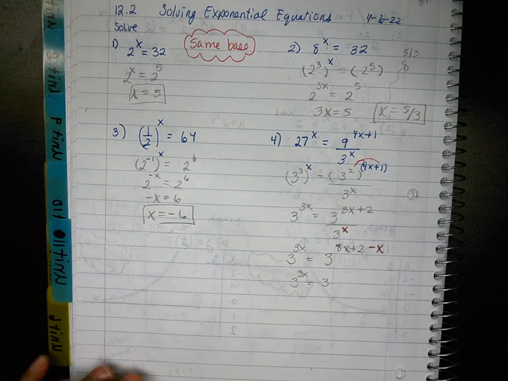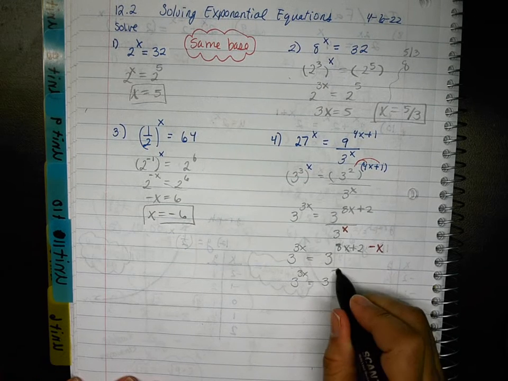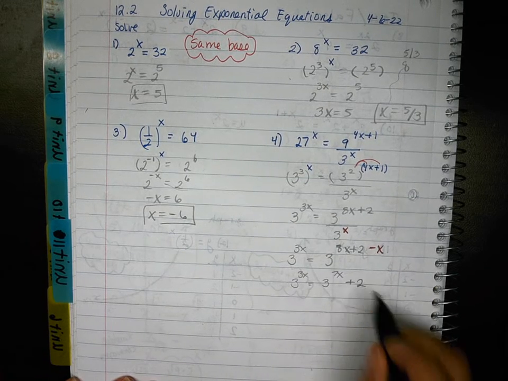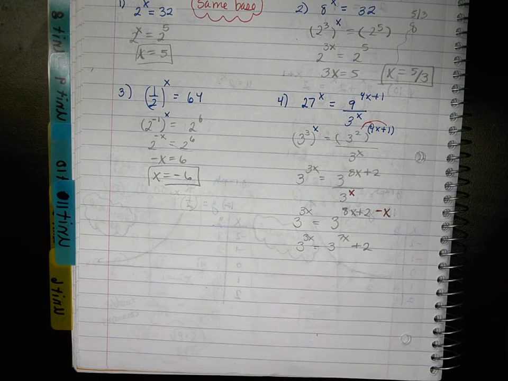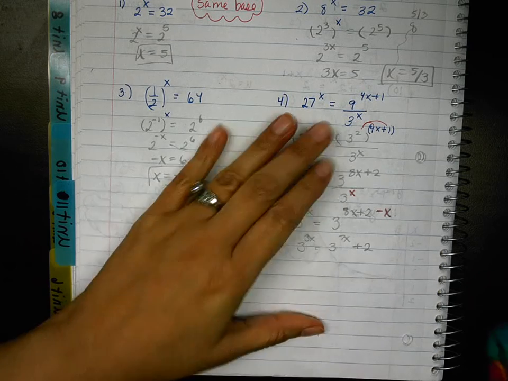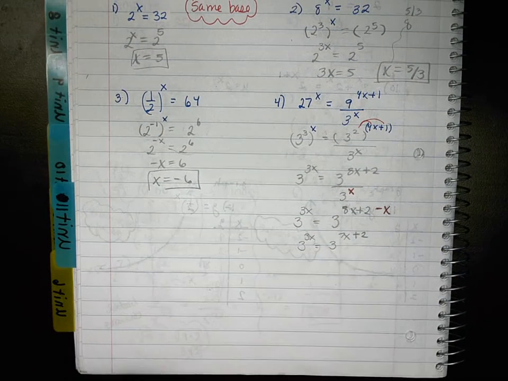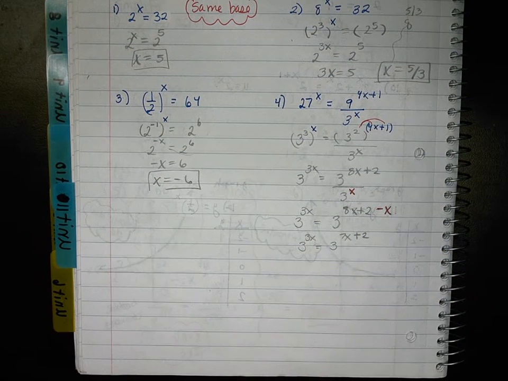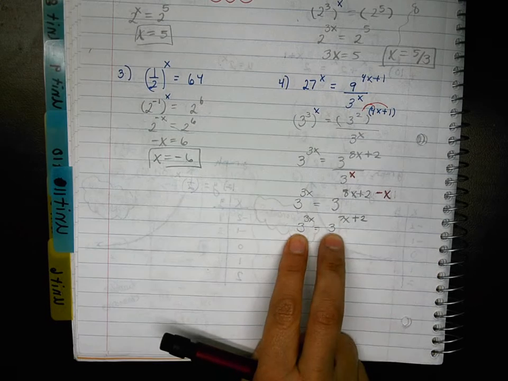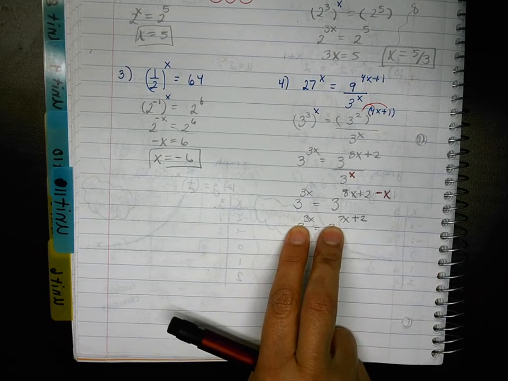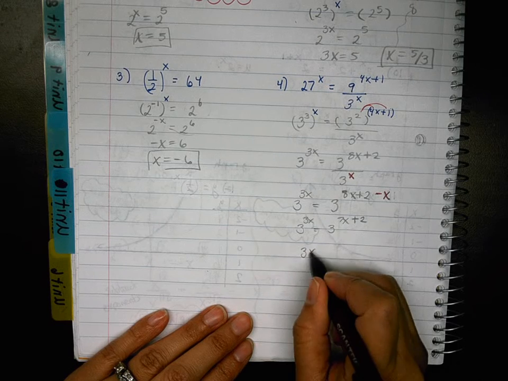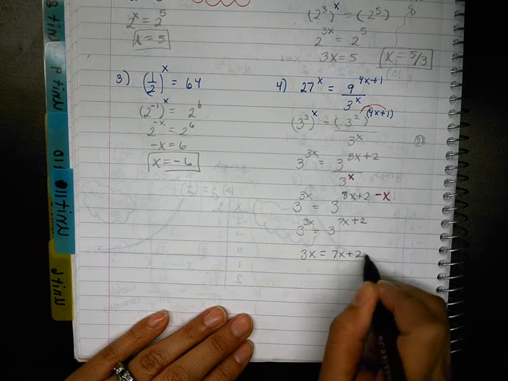Three raised to the what? 7x plus 2? All right. Now can I drop the bases because there's a single base on each side? Yes? Single 3, they are both the same. Now can I drop the bases and set the exponents equal to each other? Yes. 3x equals 7x plus 2.